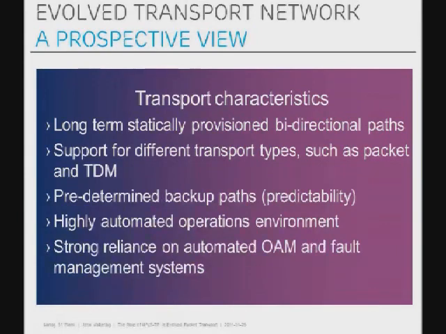And transport networks are highly automated. So last but not least, in order to build a next generation evolved infrastructure, you need to rely on automated OAM capabilities to deliver the fault management capabilities that are needed for operating a large transport infrastructure.